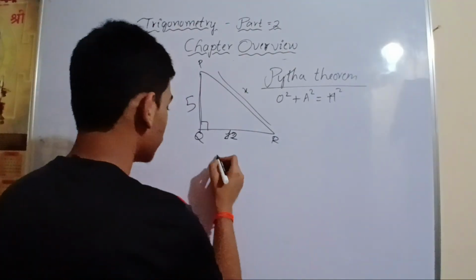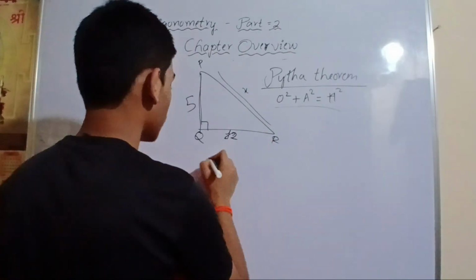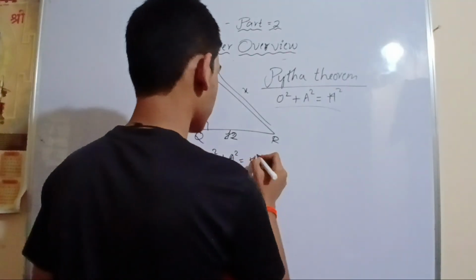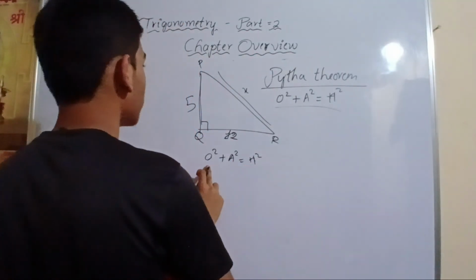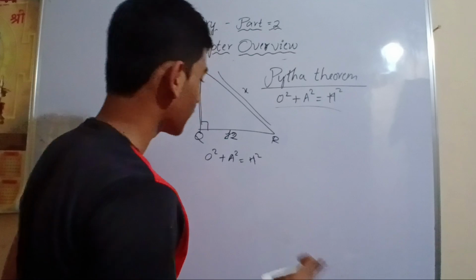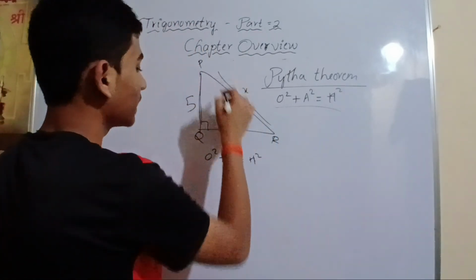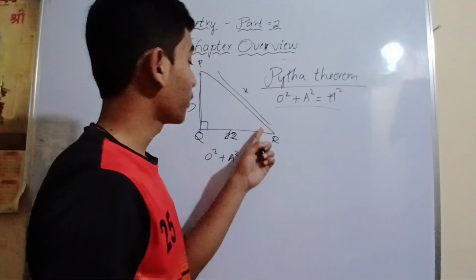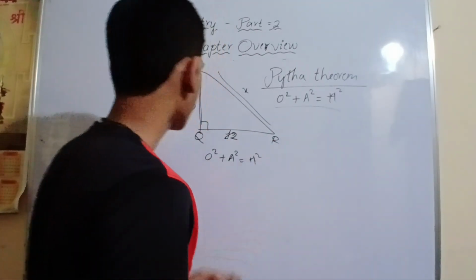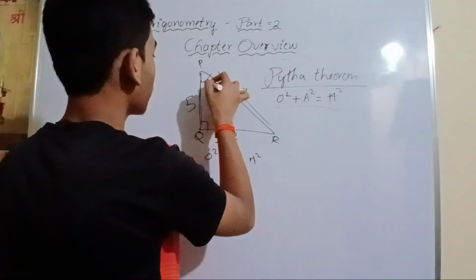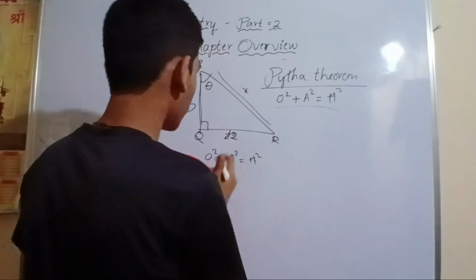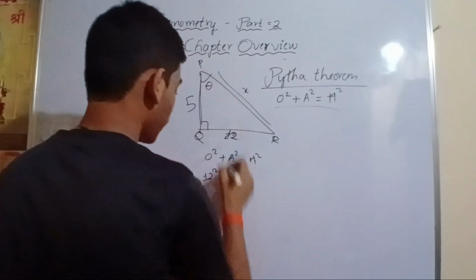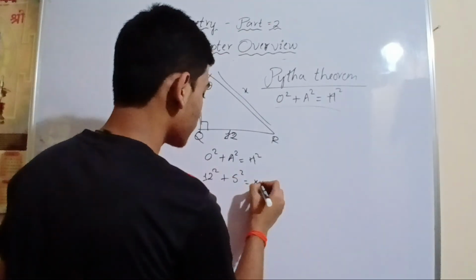So O square plus A square equals H square. We can take opposite anyway because they didn't mention the angle theta or 90 minus theta. So let's take this as theta and opposite to it 12 square plus adjacent 5 square equal to x square.